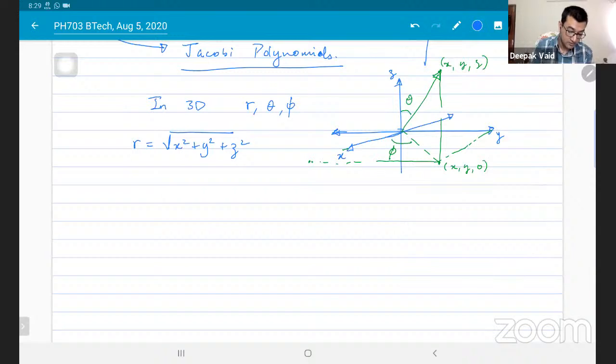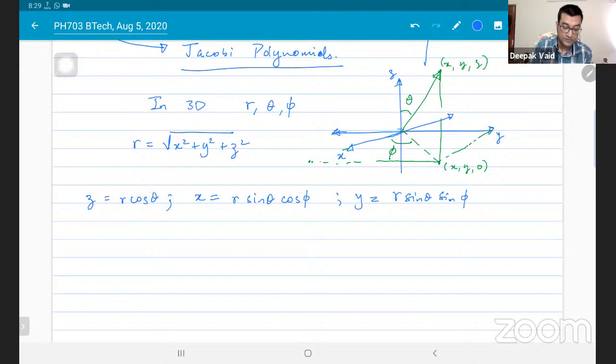So you will get x will become, for instance, so this is theta, so x will become r sine theta cosine phi. Y will become r sine theta sine phi, and z will become r cosine theta.